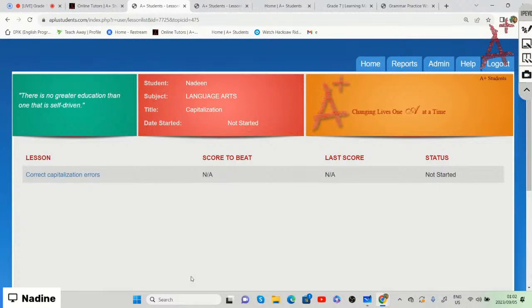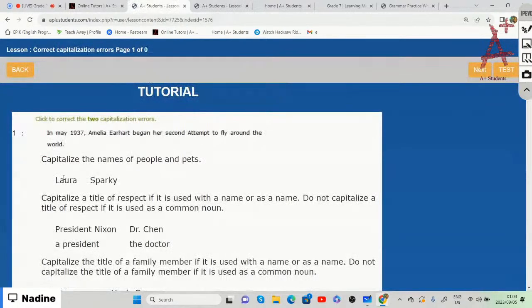And under the chapter of capitalization, we are going to be focusing on the lesson that says correct capitalization errors. So we are going to correct the capitalization errors that we will probably find within our sentences.